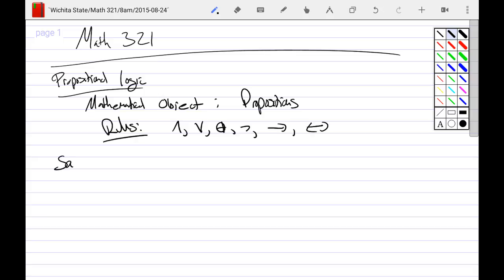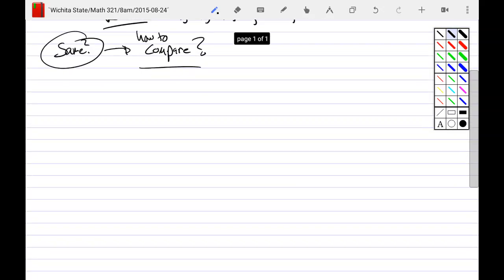And really, when we're talking about the same, we're needing some way to compare. If I was going to look at compound propositions and ask, how do I compare two compound propositions?